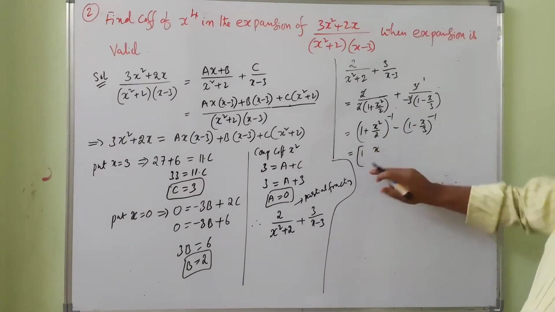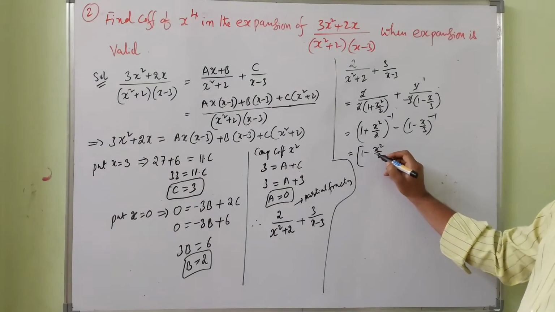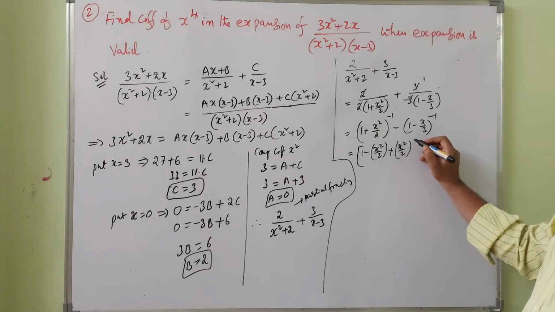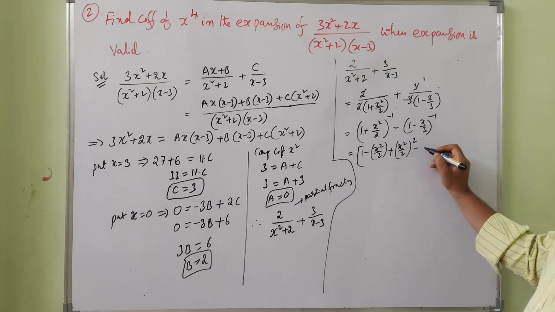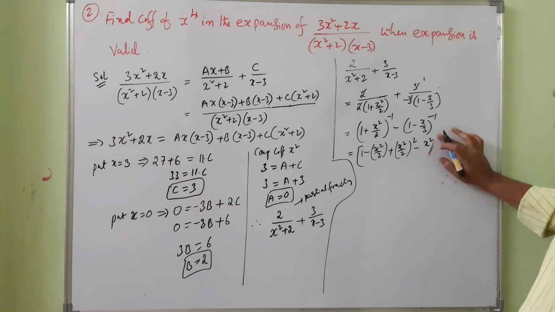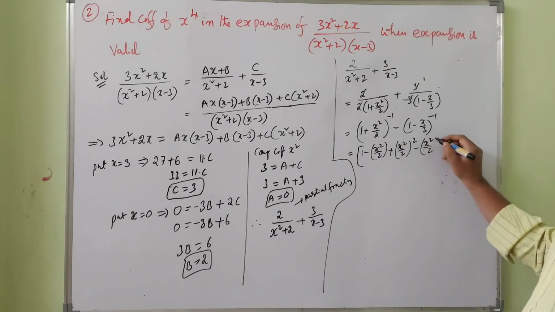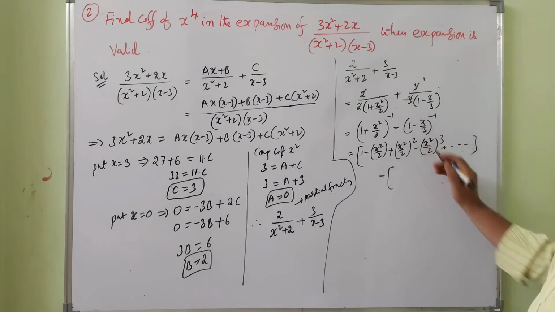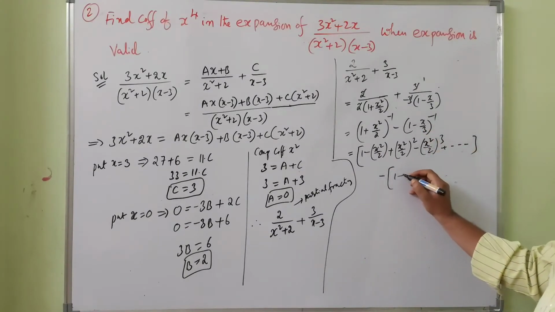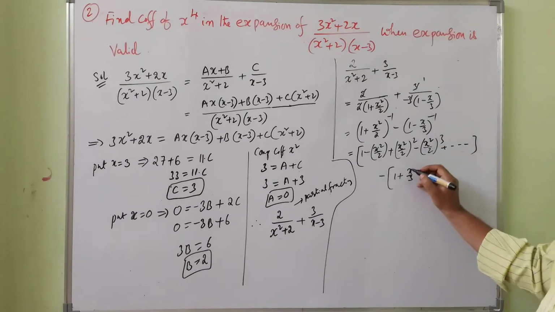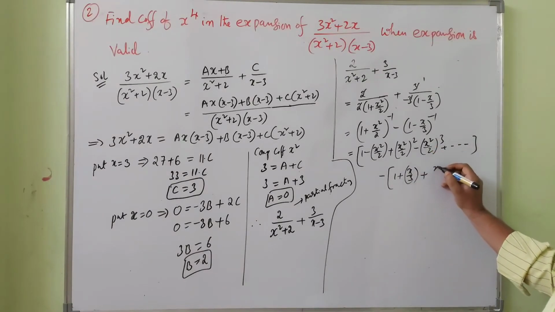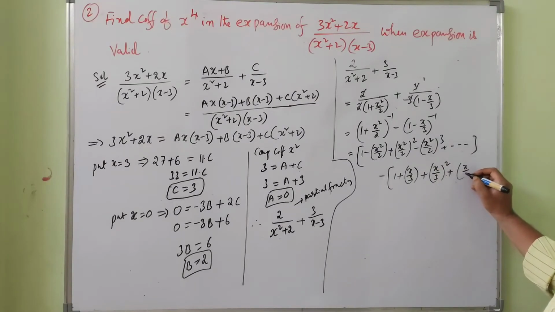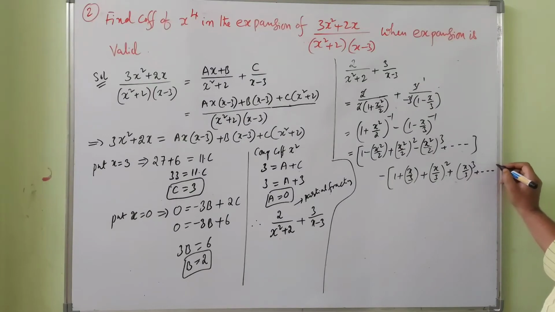So what you get? 1 minus x square by 2 plus x square by 2 whole square minus x square by 2 whole cube plus so on, minus expansion for second one, 1 plus x by 3 plus x by 3 whole square plus x by 3 whole cube, so on.